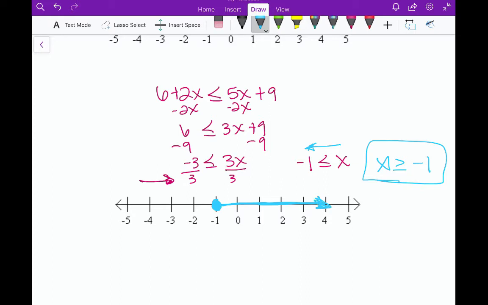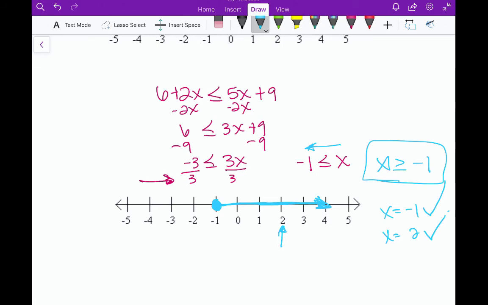And so again, that line represents the solution set. There's an infinite number of solutions to this inequality. X can be an infinite number of things, anything bigger or equal to negative 1. So can x equal negative 1? Yes. Can x equal 2? Yes, because I can see that here. That is part of my solution set.